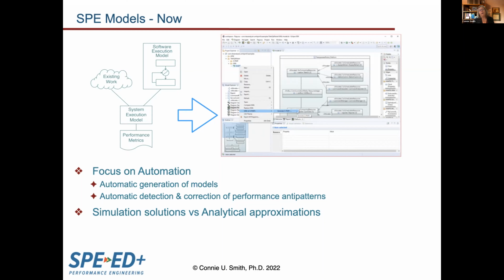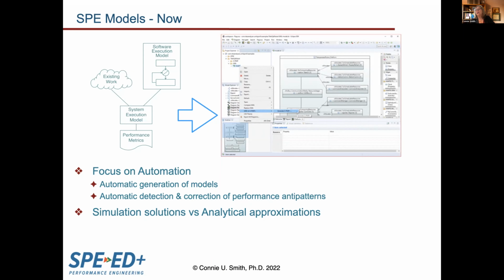We've now, with the faster processors, been able to use simulation solutions so we don't have the downfalls of the analytic approximations that we had in the past. Now remember, I'm talking about the software performance models before deployment, as opposed to real-time autonomic performance like Murray has been targeting. So analytical approximations did have some failures.